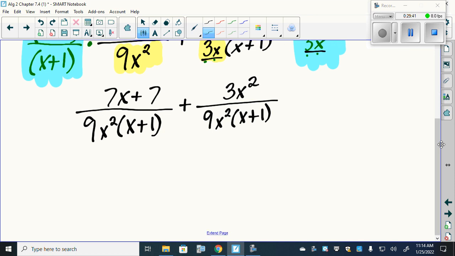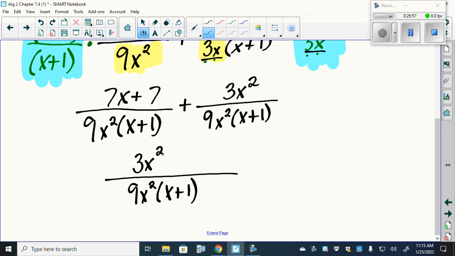And now that we have the denominators the exact same, we can add the numerators. So we'd have 9x squared times x plus 1 on bottom. So the numerator, well, 3x squared, there are no other like terms anywhere for our x squared. And we'd have 7x plus 7, because each one of those terms in the numerator only appears once.